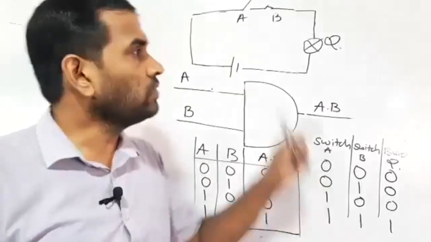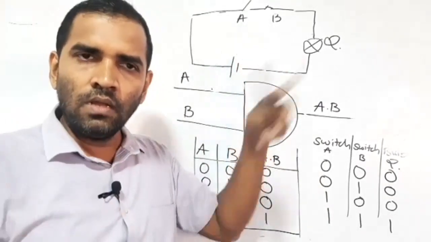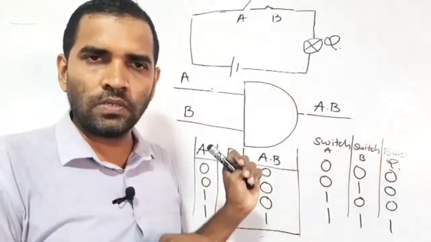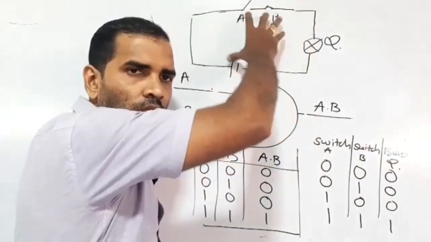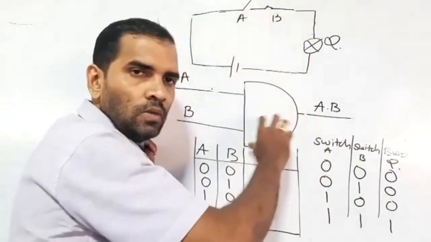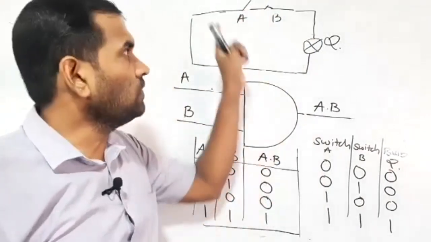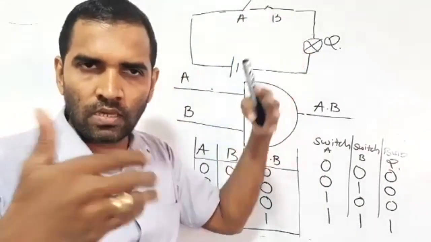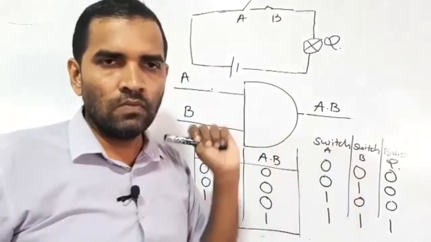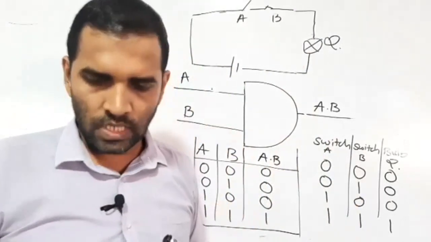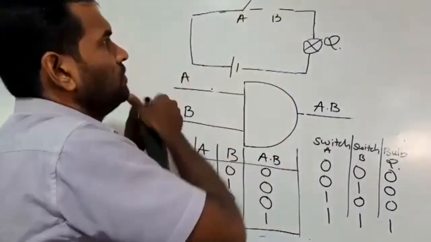What we can do is create a simple electric circuit and understand the function. Here we connect the two switches in series, and because of the series connection, we can get the idea. But the real AND gate may be different.